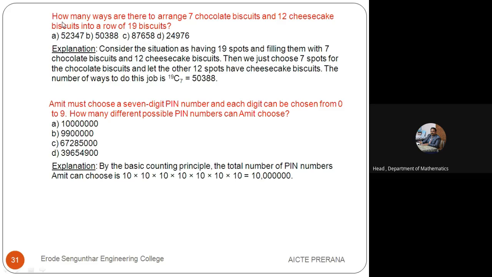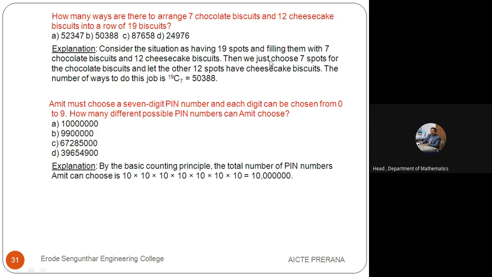The second problem is how many ways are there to arrange 7 chocolate biscuits and 12 cheesecake biscuits into a row of 19 biscuits. Okay. Here we have totally 19 spots and we fill them with 7 chocolate biscuits and 12 cheesecake biscuits.